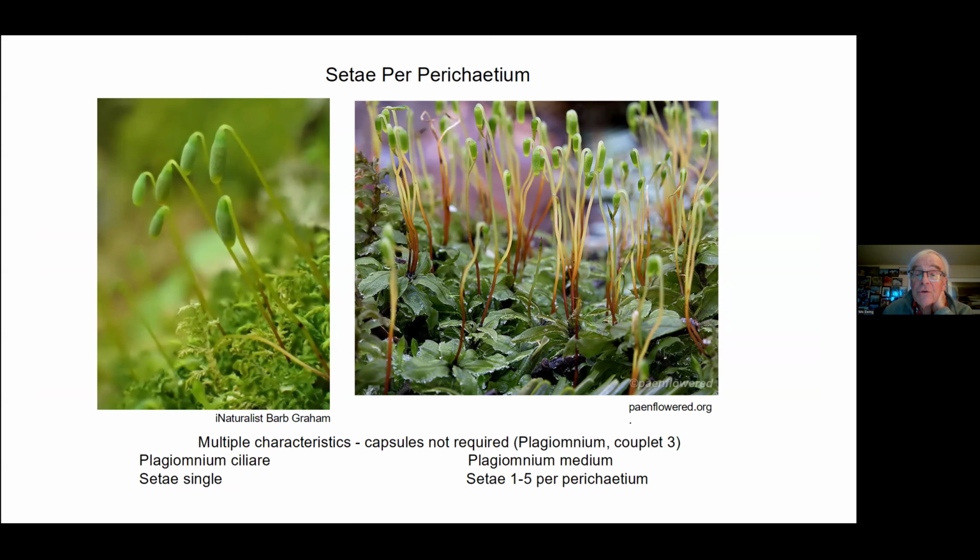And you can see there's a single seta here, and in this one there are 5 setae coming out. I've seen quite a lot of Plagiomnium, but I've never seen them with capsules. I would love to see this, but I've never seen that before. So the number of setae per perichaetium is another characteristic.